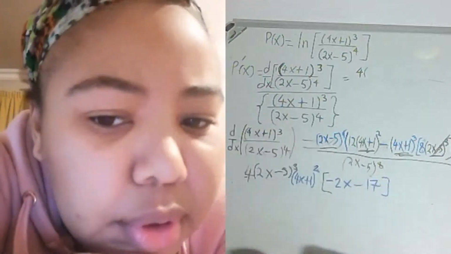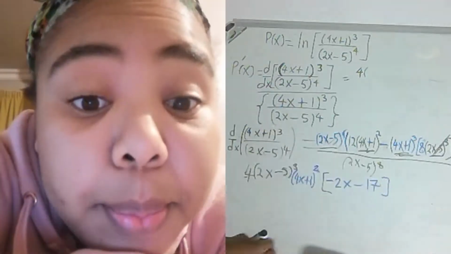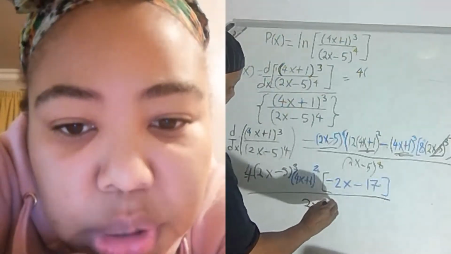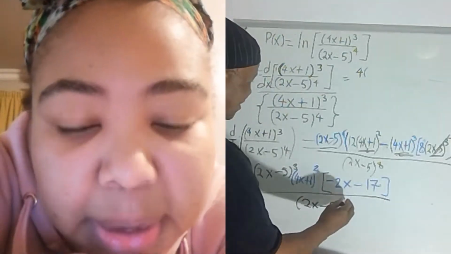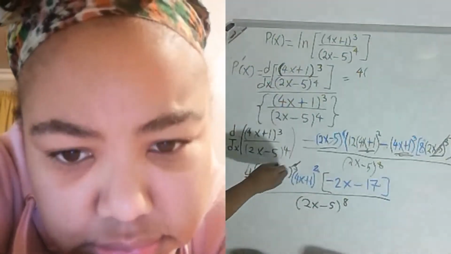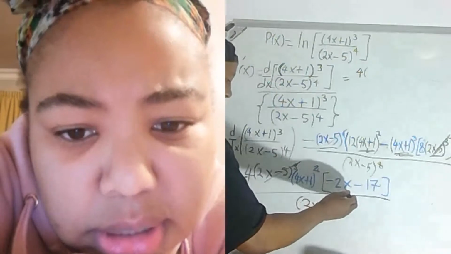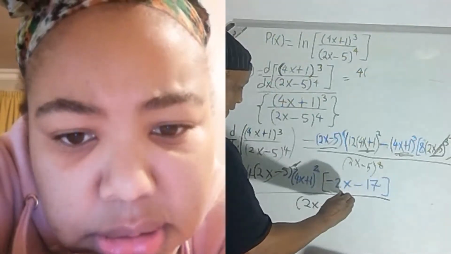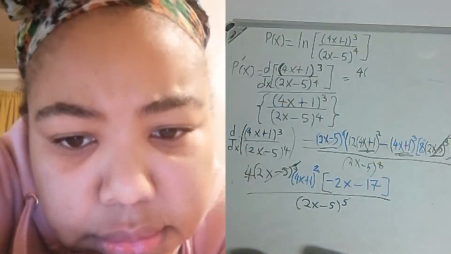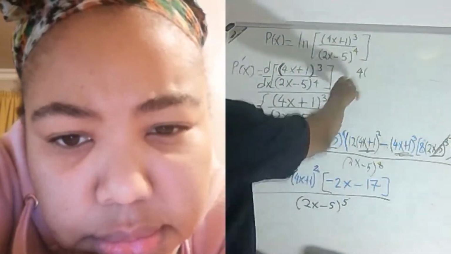Oh, the bottom. So we're supposed to say over 2x minus 5 minus 5. We can simplify some of them. They cancel out. 5 of them is going to go here, it's going to be left on there. So here on top is going to be 4.